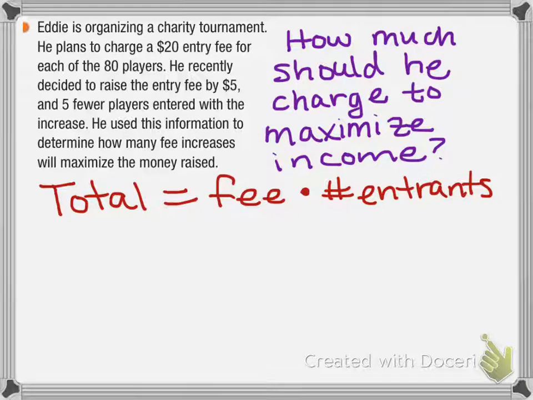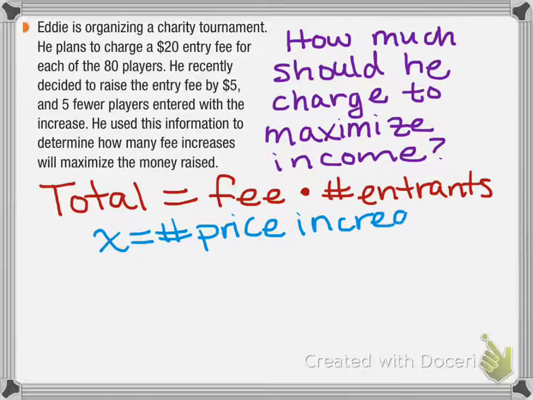We're going to let x equal the number of price increases. So it's not the number of entrants, it's the number of times you increase the price. Okay? The number of times you increase the price. So, as I write my function, thinking about it in this manner, if P is my profit, so P of x equals the fee.